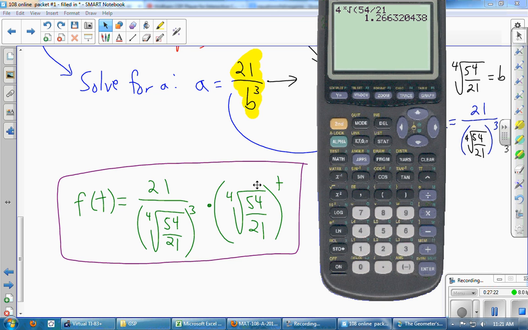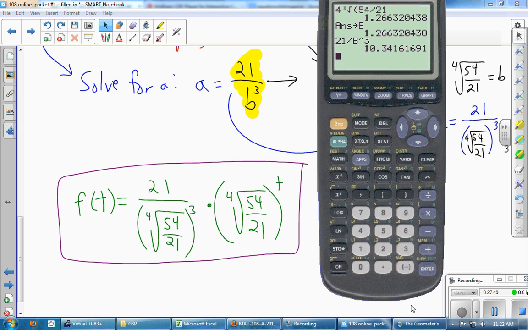So that right there is the value of b. And then 21 divided by that thing cubed is the value of a. So why don't we store that as b. I think store is one of the most underutilized buttons on the calculator. Just hit that store button right there. And 21 divided by b cubed, that's all I need. So 21 divided by alpha b to the third.